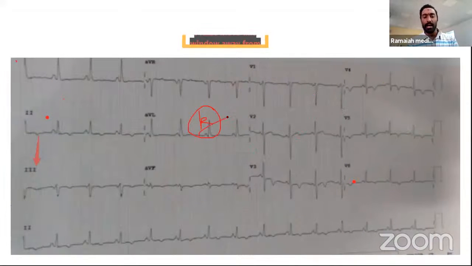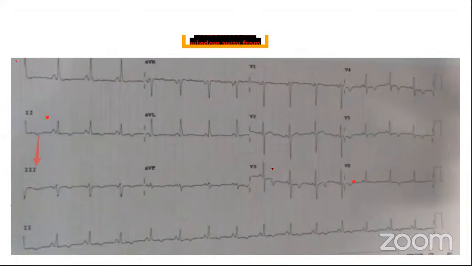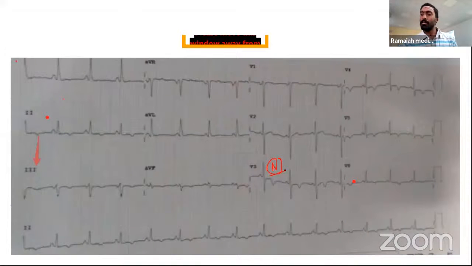Then you look at the R wave progression. How is the R wave progression here? I think it's normal. Good. After that, T changes and the T wave, you should describe all that.